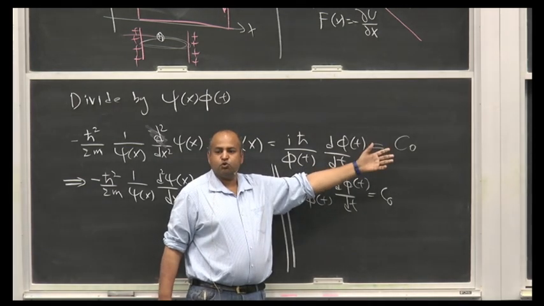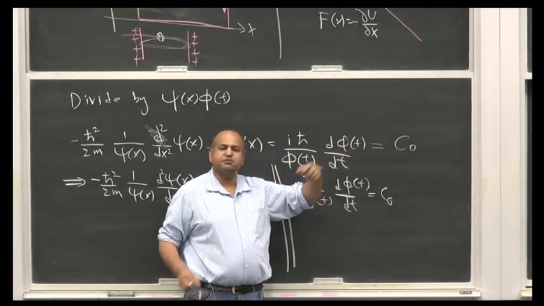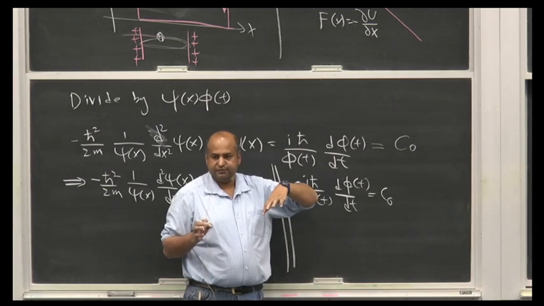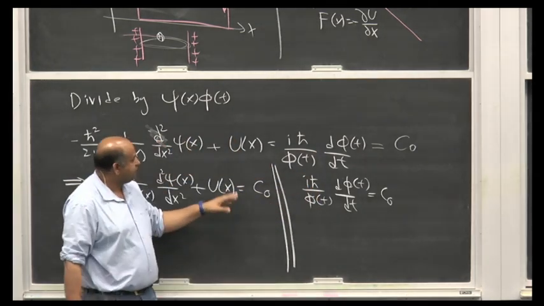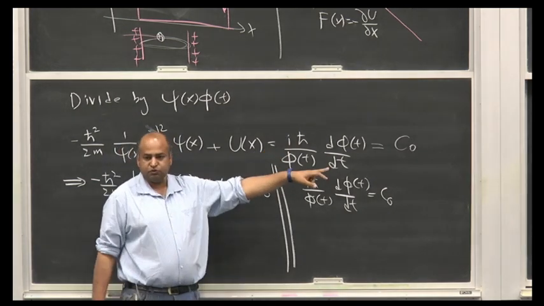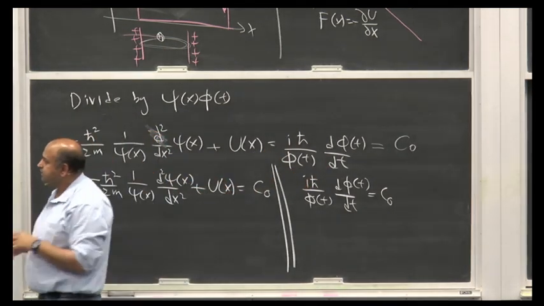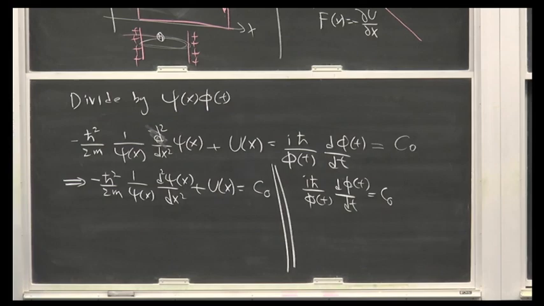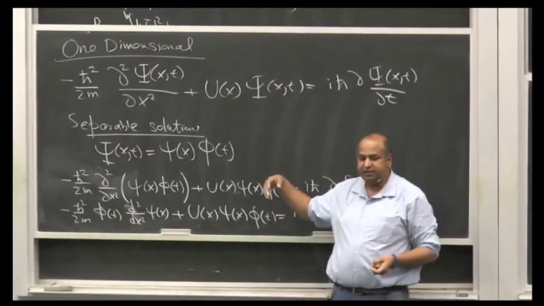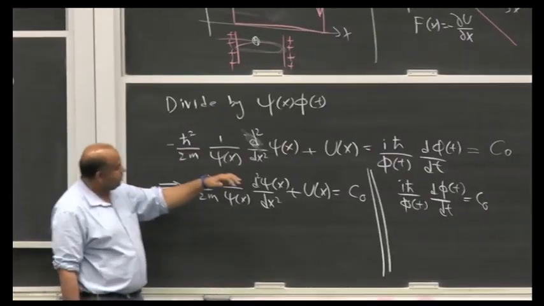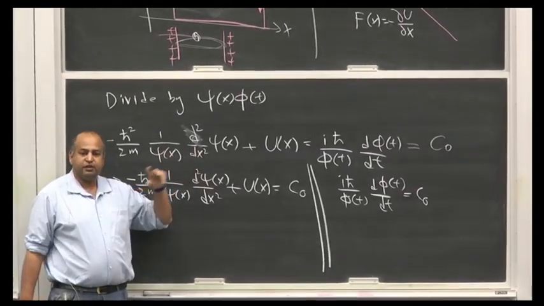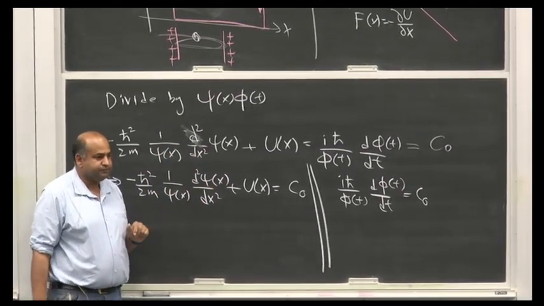Because if they're not equal to a constant, they can only be equal at some specific value of x and t. So from this we now get two equations, because this is equal to c naught, this is equal to c naught. This is called the separable solutions method, the method of separation of variables. It is because we are now able to separate one equation into two simple equations.